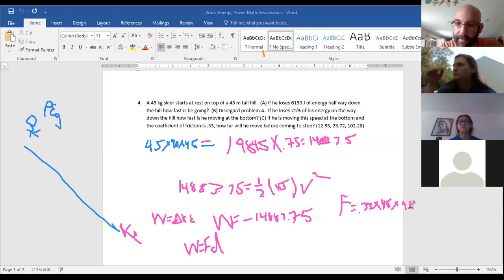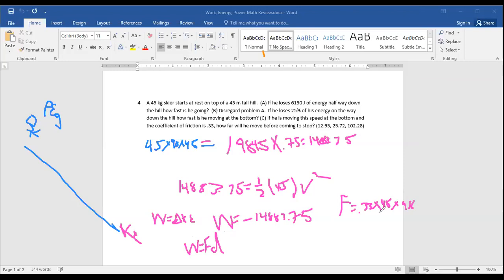So if we solve for F, 0.33 times 45 times 9.8, you get 145.53. That's F.